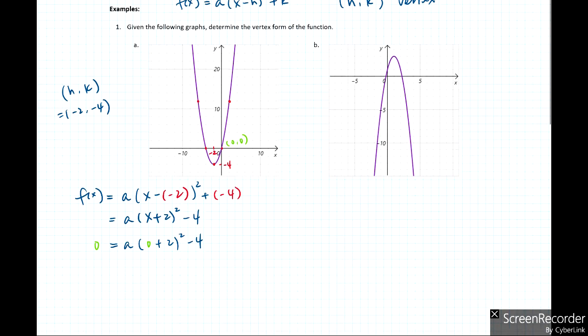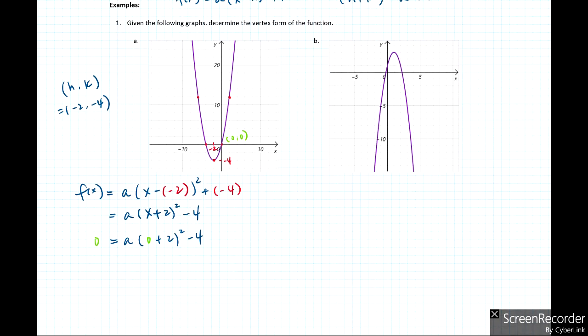Based on this, we can simplify things a little bit. 0 on the left side, we don't need to do much with it. On the right side, we have 0 plus 2, which is 2 squared, so 4a minus 4. Now if I want to find a, I can just solve the linear equation. Add 4 on both sides, we get 4 equals 4a, and then 1 is equal to a.